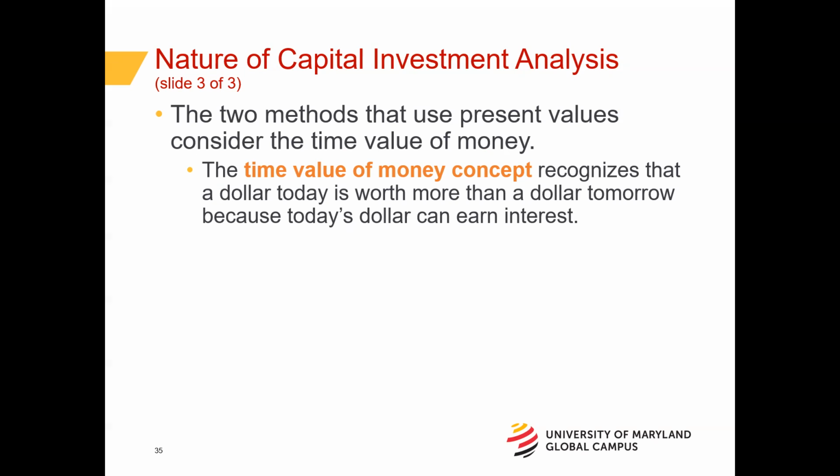That $1.10 then earns an additional 10%, yielding $1.24 in year two. Year two, you leave the $1.24 in the bank. It yields another 10%. Your $1.24 turns into $1.48 at the end of year three, so forth and so on. This is the time value of money concept, where we know that $1 invested today has the power to earn interest.